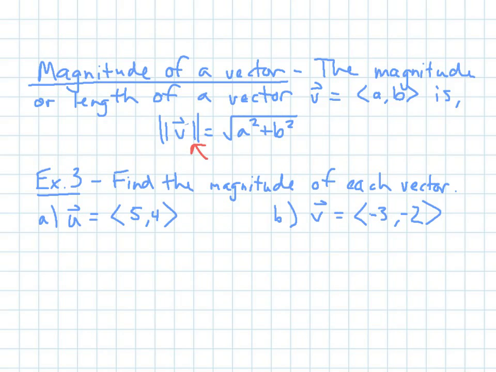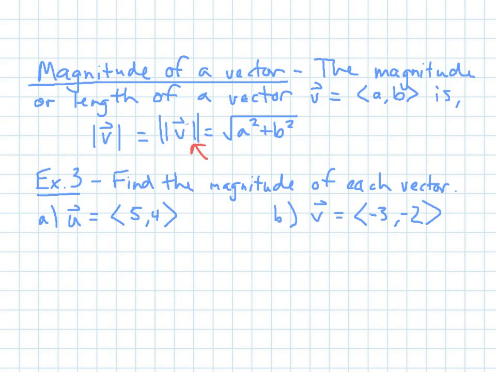So we might do that, but just know in the book, when they're talking about vectors and magnitude, they will use just absolute value bars. Okay, so I tried to use absolute value bars so you got used to thinking about it that way, so that when you looked at the book, you didn't get confused. But just know that these two things are the same thing when we're talking about magnitude of a vector, and we're not really taking the absolute value.